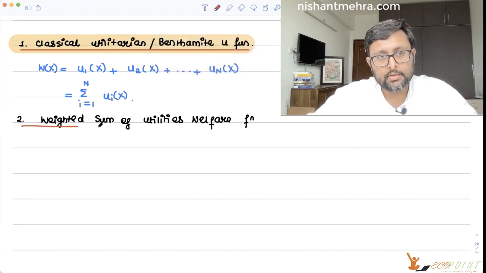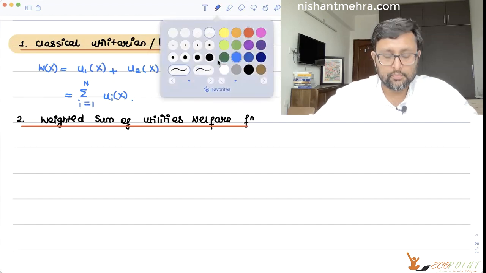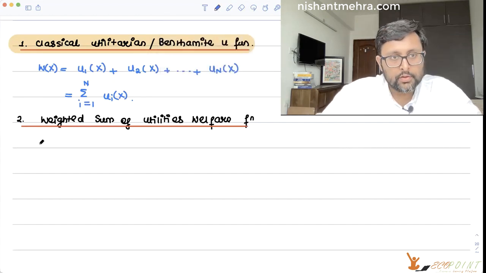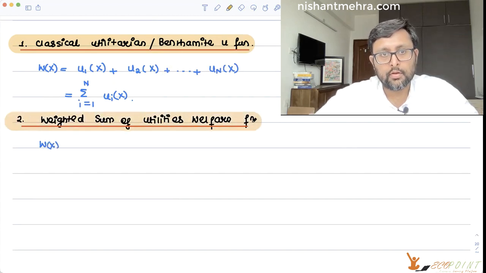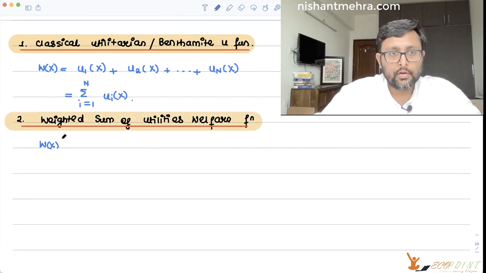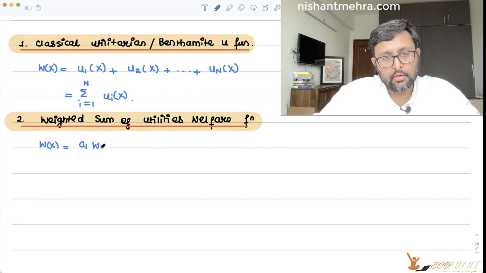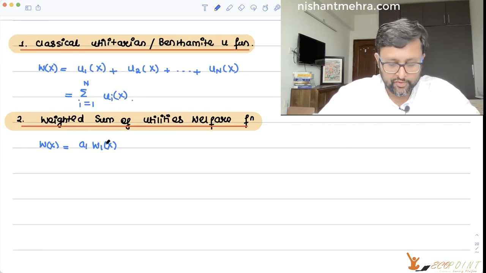So here everyone is getting equal weights. Now you have different weights.